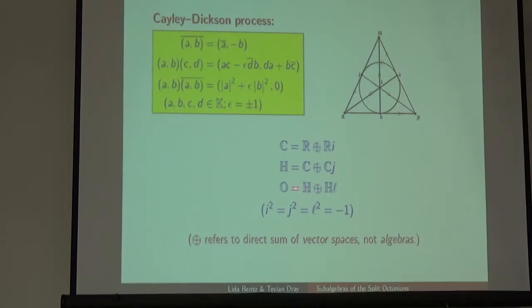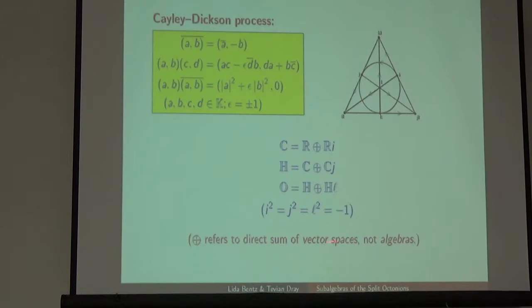Continuing down this path, there is another such algebra, the Octonions, which you get in exactly the same way by taking two copies of the Quaternions, adding yet another square root of minus 1. So starting from the reals, you have the two-dimensional complex numbers, four-dimensional Quaternions, or eight-dimensional Octonions.